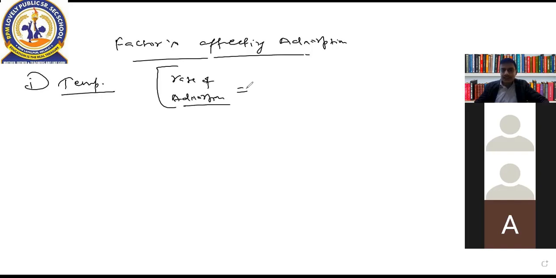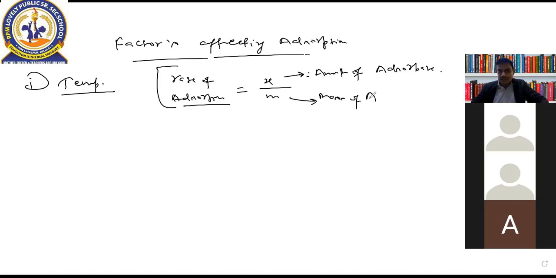How can we signify the rate of adsorption? That is x by m. And what is x? Amount of adsorbate, and m is mass of adsorbent. How much amount, in terms of mass as well as volume, of the adsorbate gets attached to a particular mass of the adsorbent. This is called the rate of adsorption basically, okay?